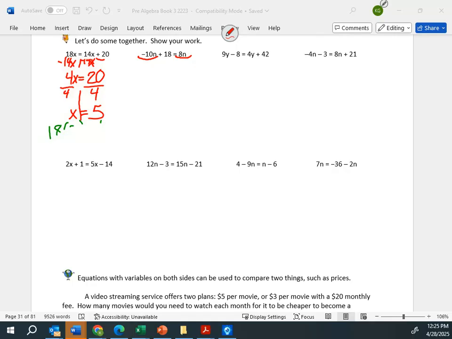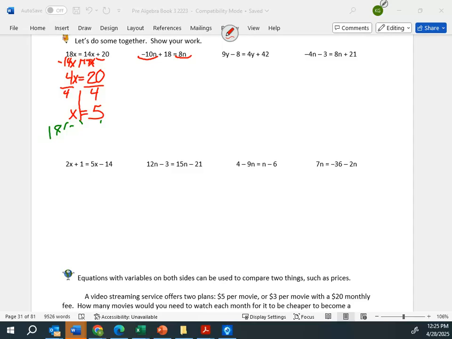Are you going to add 8 to negative 10? So remember what I said over here.